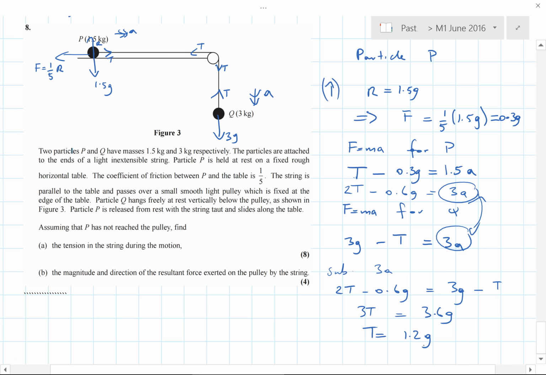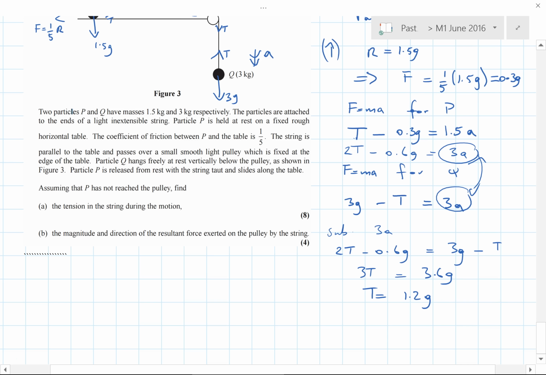We can leave it like that, or we can give 2 or 3 significant figures, so we're also allowed to give 11.8 newtons or 12 newtons as our final answer, but 1.2g is actually accepted here. Okay, so that's the tension in the string. That was a nice question, really. It didn't ask for the acceleration.